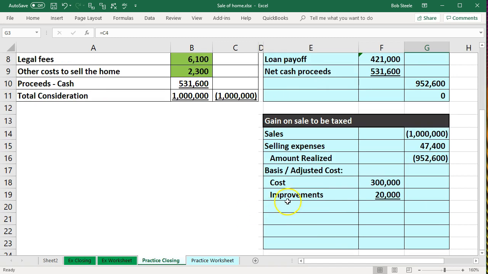So anything that's going to be a legitimate improvement, we want to basically list out the legitimate improvement and say, yeah, this cost a lot, and therefore the gain that we got on sale, it's not like it was a genius investment and we got a lot of money. It's just we bought something that was expensive and we sold something that was fairly expensive, right? The improvements would make the basis increase.